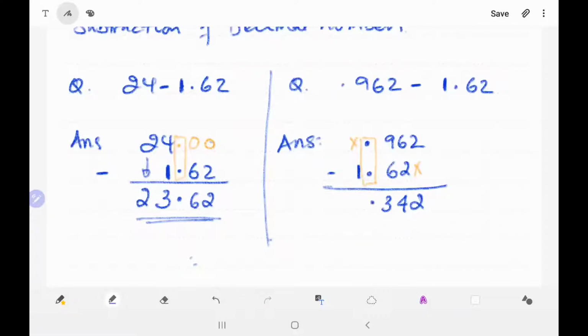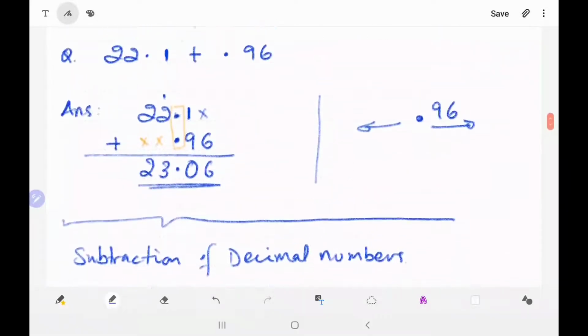That's good, and a dot, and of course here we got 1. So if you want to minus this amount from this, that's the answer. Okay, so these are your questions.